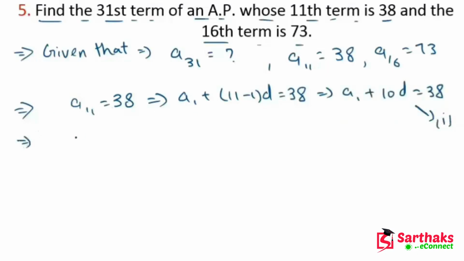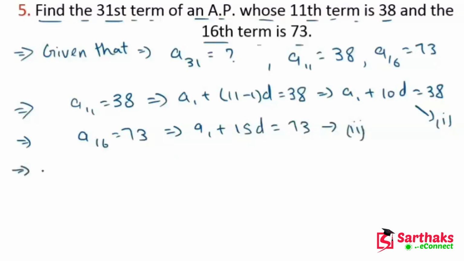Now again, A16 is equal to 73, which is equal to A1 plus 15D, since 16 minus 1 is 15. A1 plus 15D is equal to 73. This is our second equation.